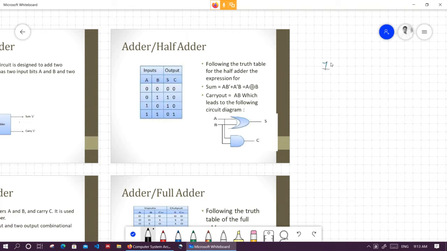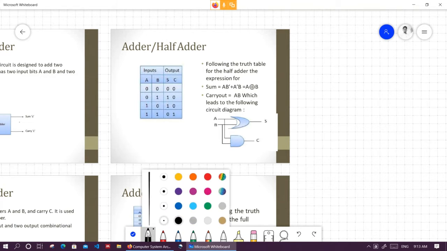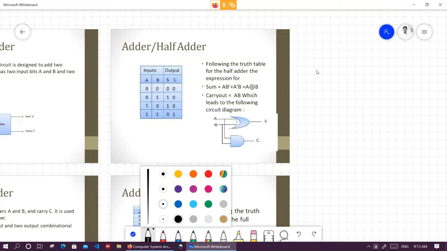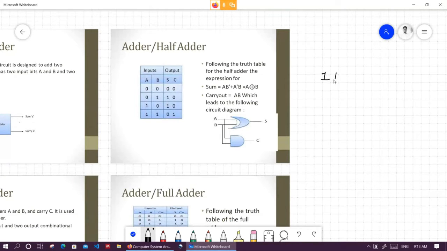When we talk about an adder circuit, in this case this is a 1-bit adder. And 1-bit adder means what? That means if you are finding the sum of 0 0, it will give 0.